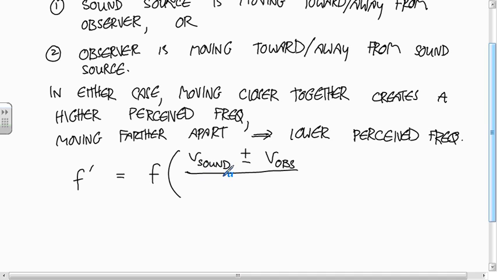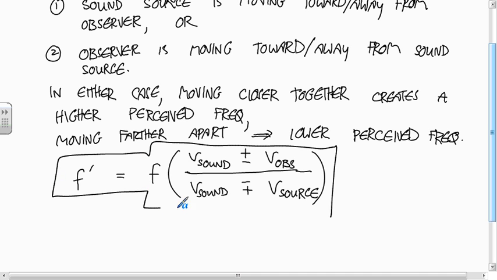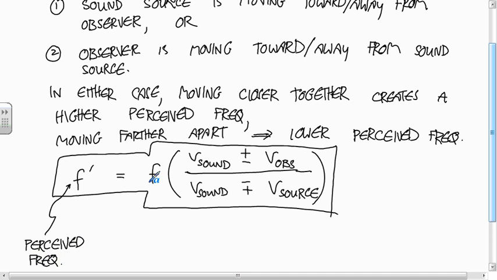And the denominator is the speed of sound minus plus the speed of the source. This f prime is the perceived frequency. This regular f is the produced frequency.